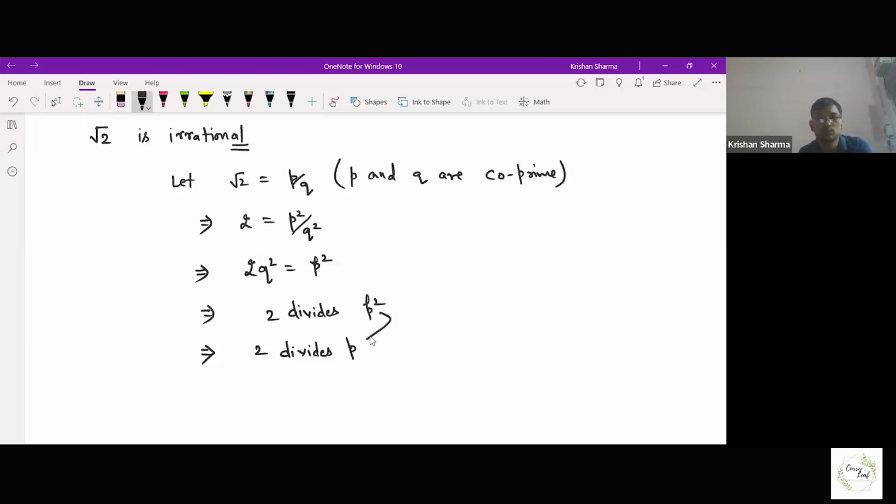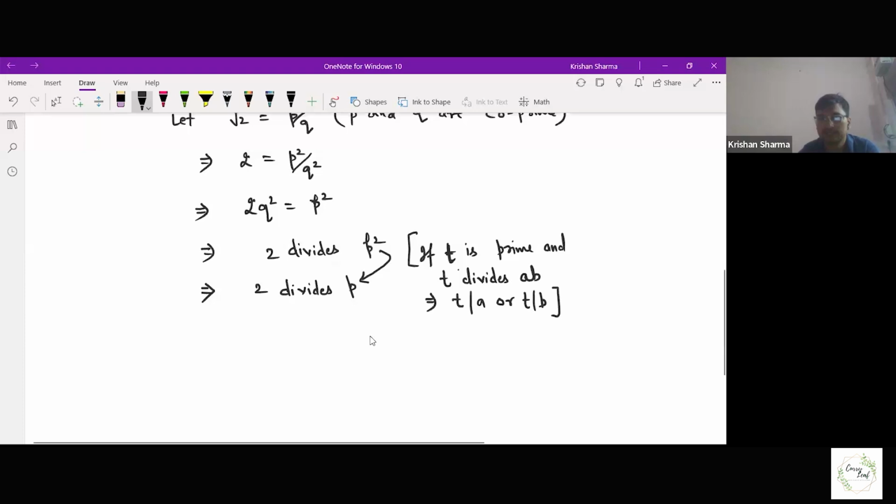Now, to come from here to here, we use a theorem that if p is a prime, but I already used p, so suppose t, I'm using t, is prime and t divides ab, the product of two numbers, that implies either t divides a or t divides b. So that is the theorem we need here.